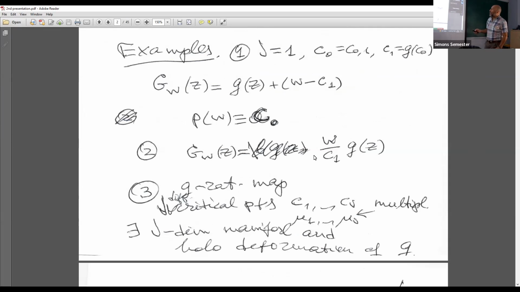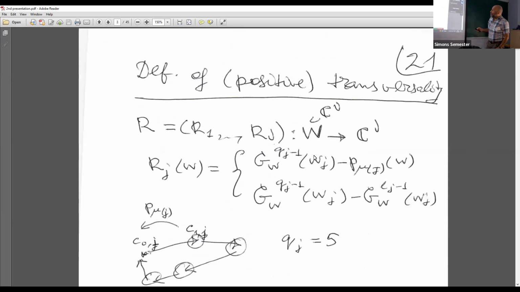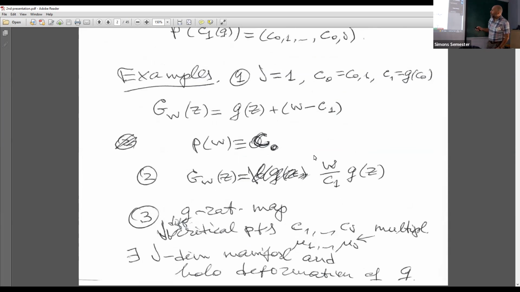Okay, so here are examples. Just one critical point, one image, which defines G capital.